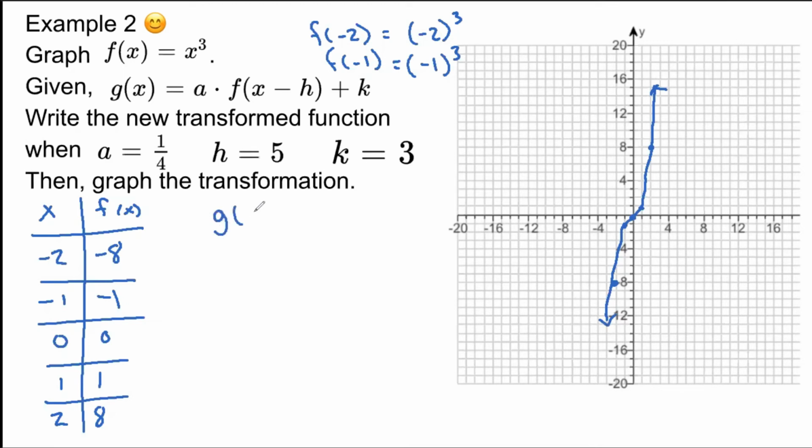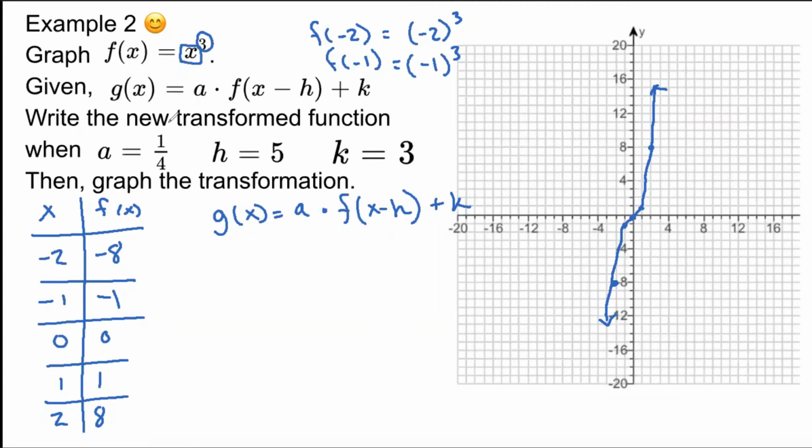We have g of x equals a multiplying f of x minus h plus k. Notice this time, I want you to look at our original function, f of x, and notice that our x has an exponent, right? It has an exponent to the power of 3.